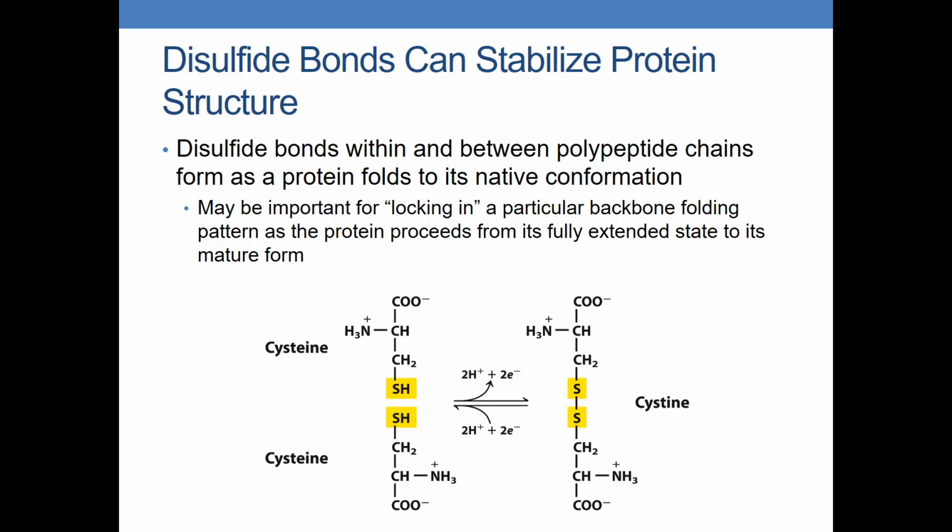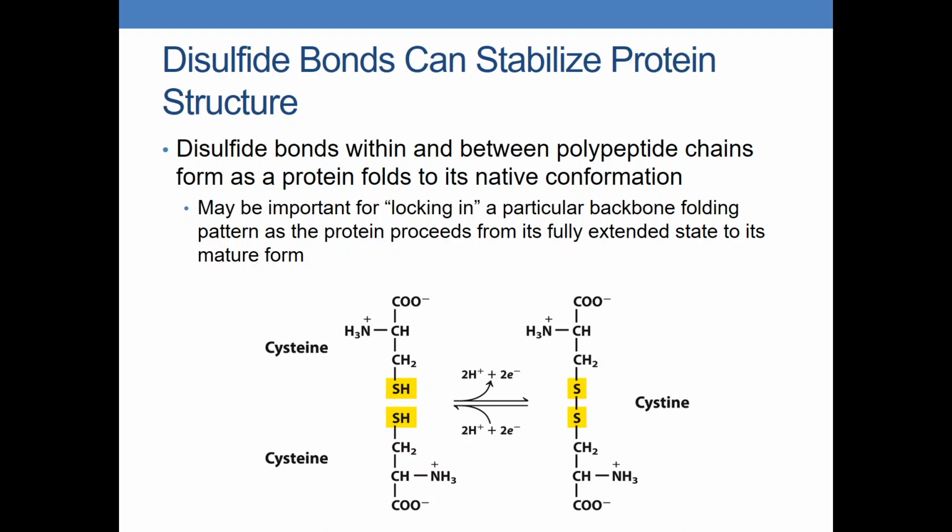So disulfide bonds are very important, but there are some caveats we have to talk about here. Having two cysteines adjacent to one another does not guarantee that you're going to form a disulfide bond. For intracellular proteins, disulfide bonds are somewhat rare because the cytoplasmic environment is highly reducing.